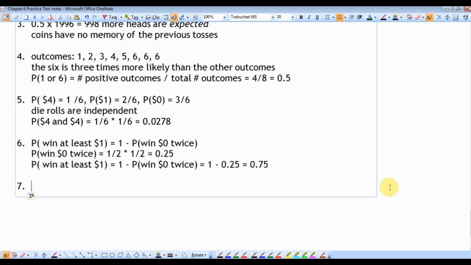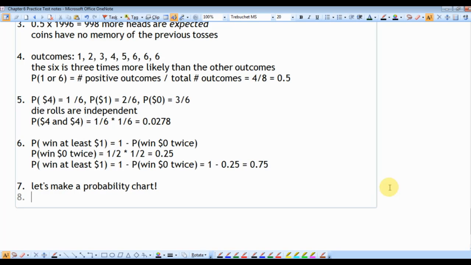Okay, everyone, let's get going with number 7. Let's make a chart. We have two events, A and B. A happens, A doesn't happen.